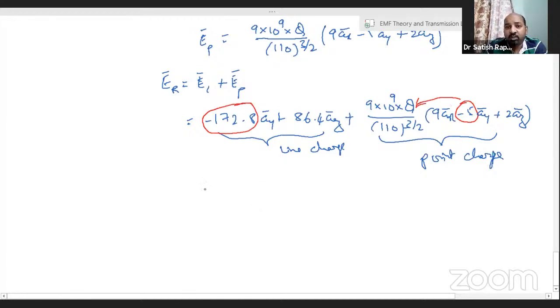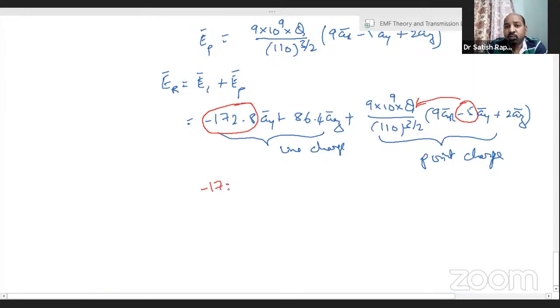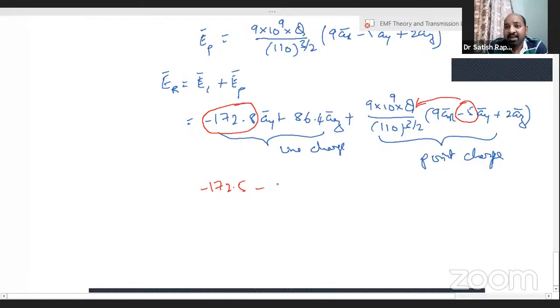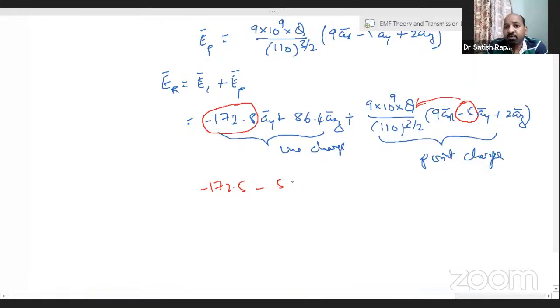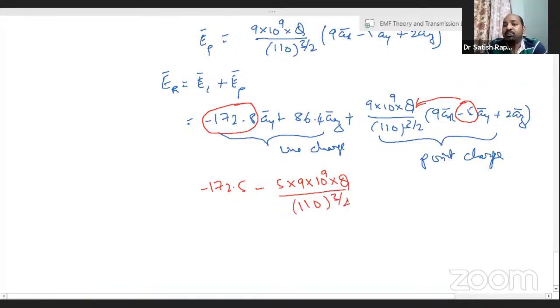So therefore the total Y component: minus 172.5, and minus 5 into 9 into 10 power 9 into Q divided by 110 power 3 by 2.